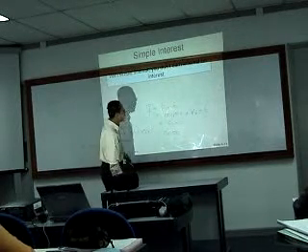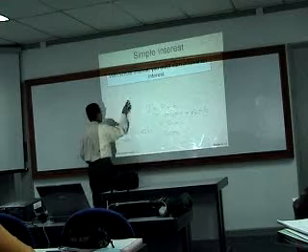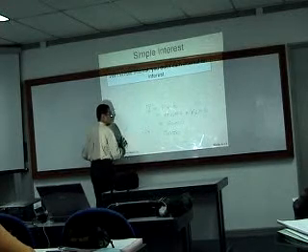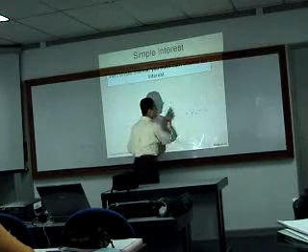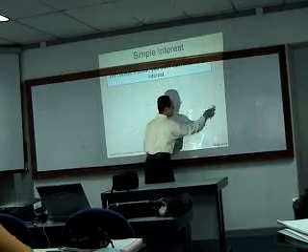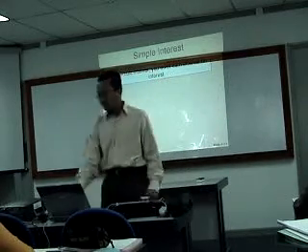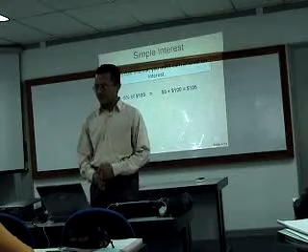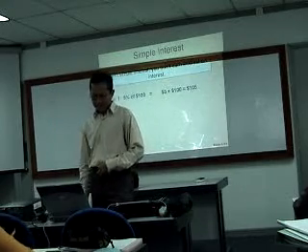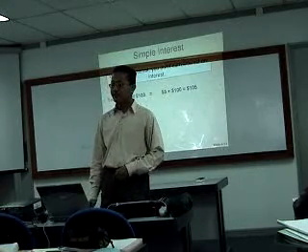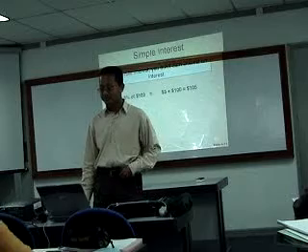Let's see the example here. Year 1, 5% of 100 is 5 ringgit.